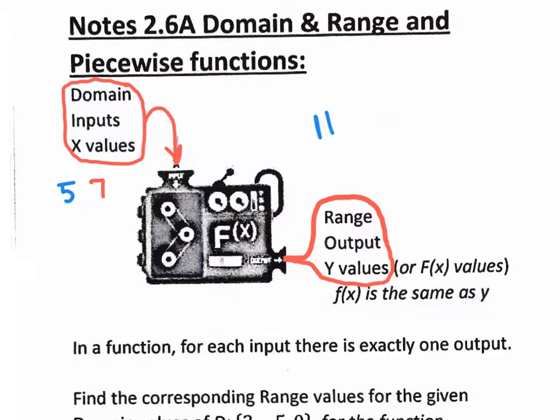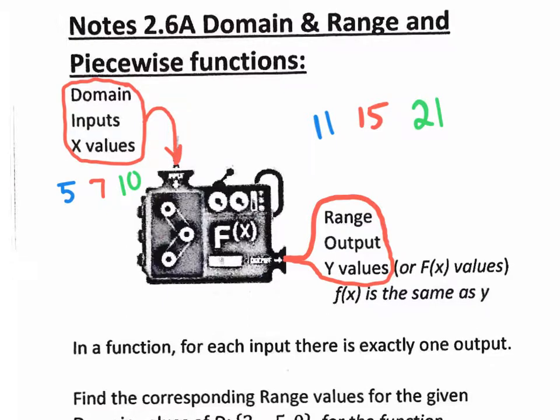It's actually going to be 15. I hope you guys already see what's going on in this function machine. One more just for kicks. Let's say I plugged in the number 10. If I put it right into this machine, it's going to come out as, I hope everybody knows, 21. Okay?